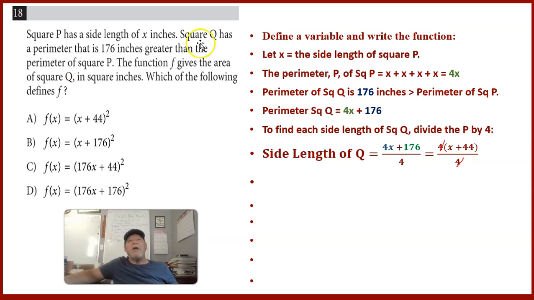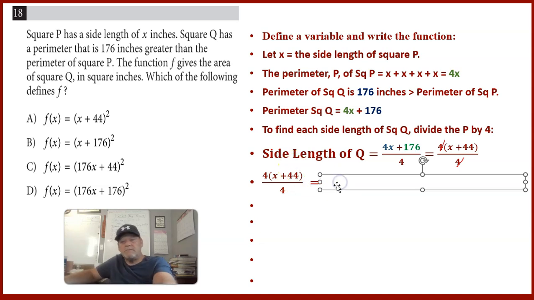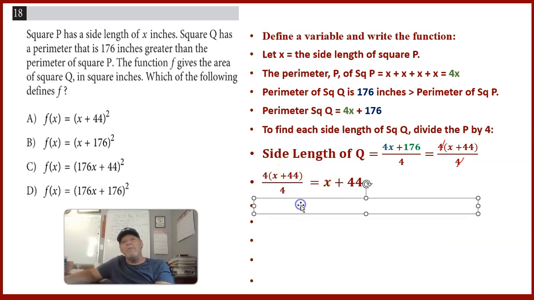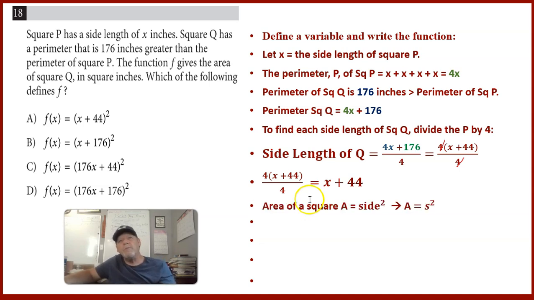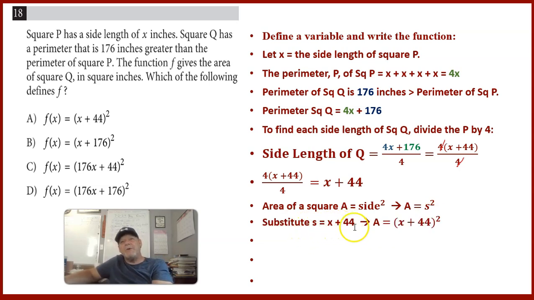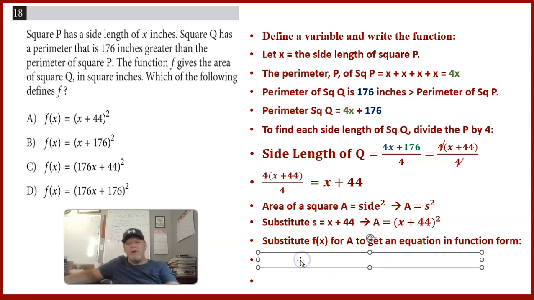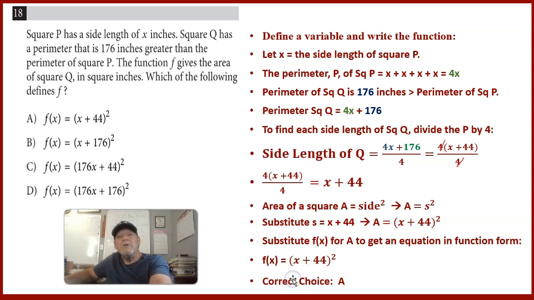So I just get x plus 44 equaling the side length of square Q. So then the area of any square is side squared. So I take the x plus 44 and say the area equals that quantity squared and substitute f of x for A to get the equation in function form, which is f of x equals x plus 44 quantity squared, which is choice A.